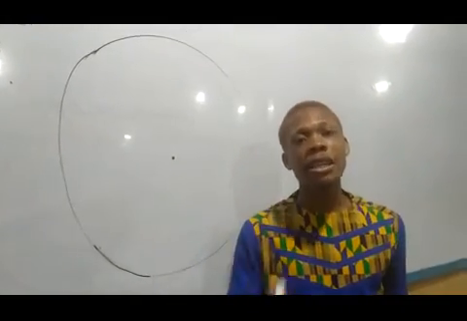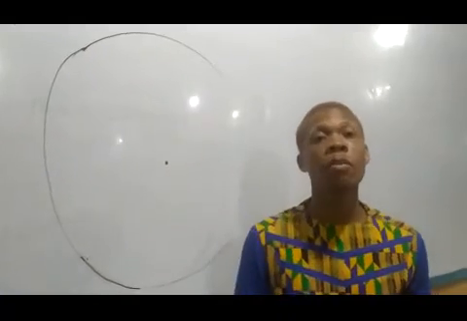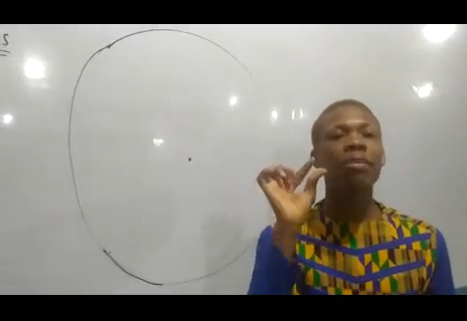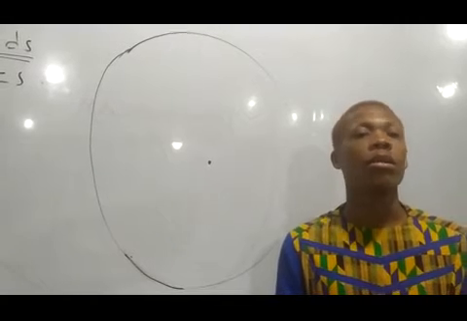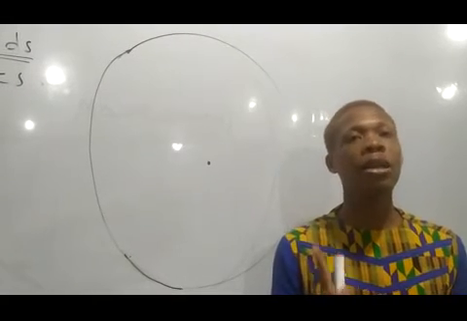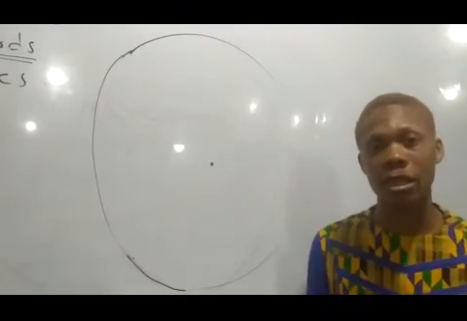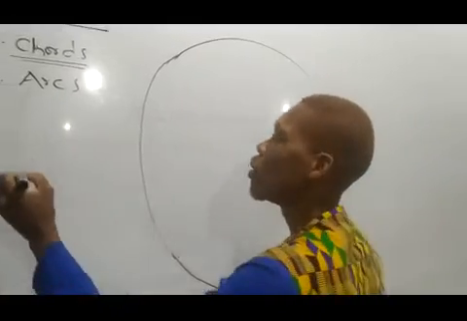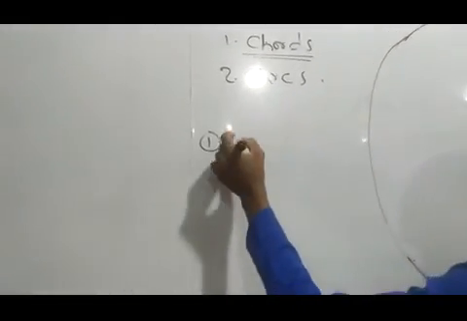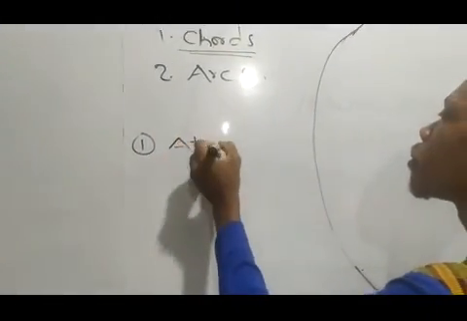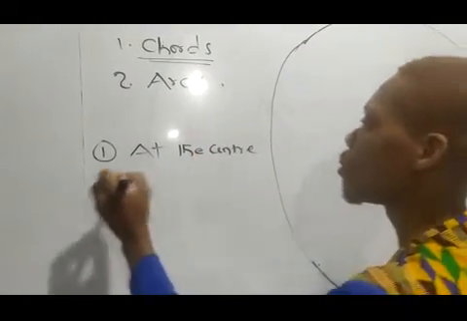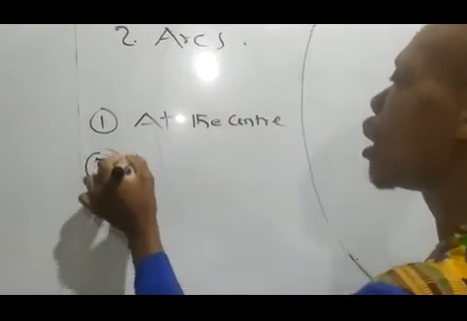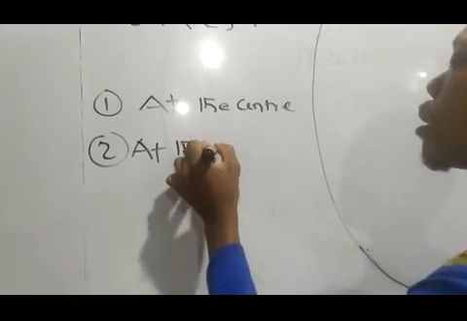In any given circle, for all circles, angles are subtended at two places. One, at the center, two, at the circumference.